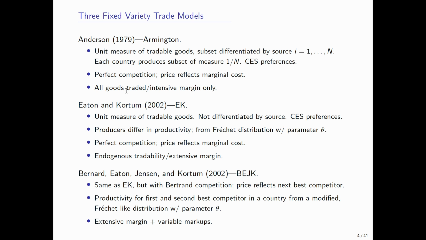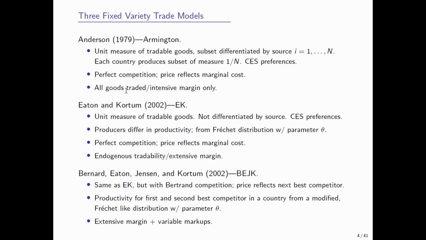And then what is Bernard, Eaton, Jensen and Kortum? Basically, that would be the Eaton and Kortum model, but with Bertrand competition rather than perfect competition. So here, the price will reflect the price of the next best competitor. Once again, the productivity will be drawn from a Fréchet distribution with that same shape parameter theta.